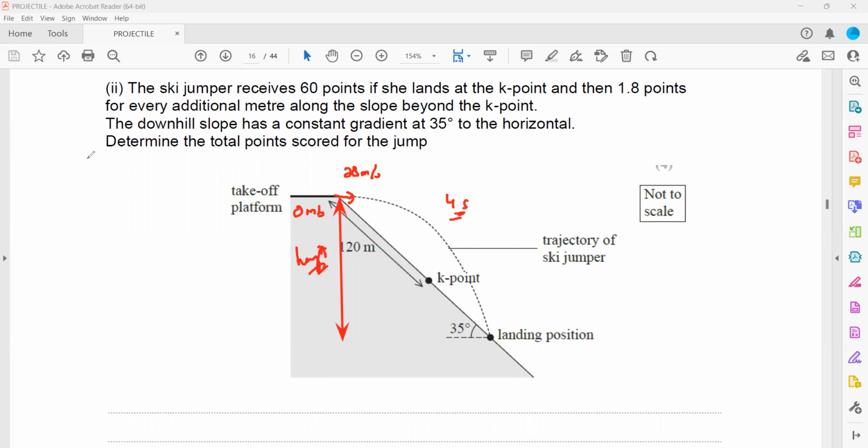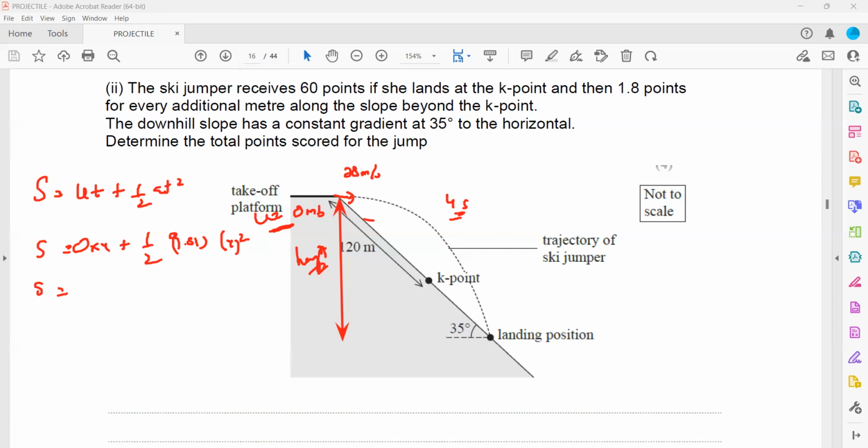Since we have the time, I can use the equation s = ut + ½at², where u is 0 because there is no initial vertical component of the velocity, and time is 4. So this will be 0 × 4 plus half, acceleration due to gravity 9.81, and the time equals 4. This will give us the vertical height from the starting position at the platform.